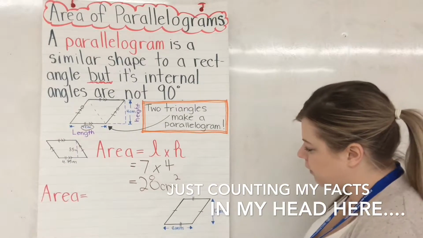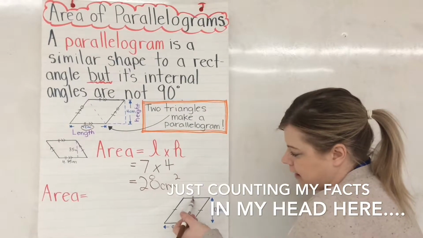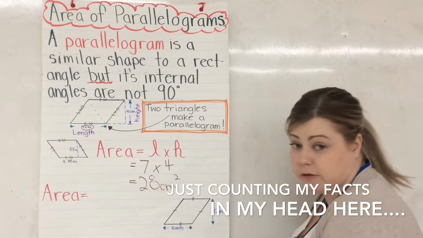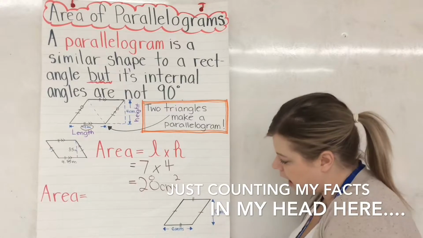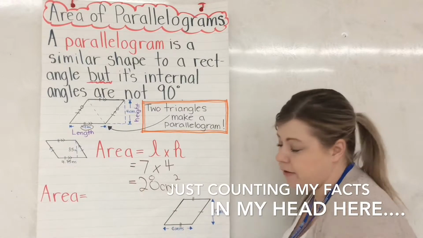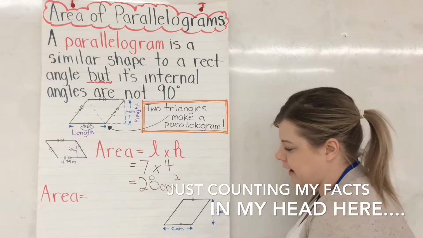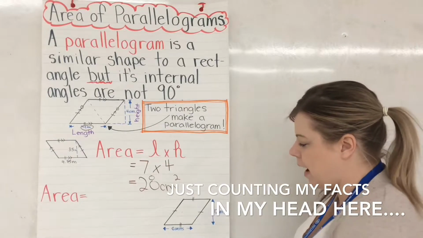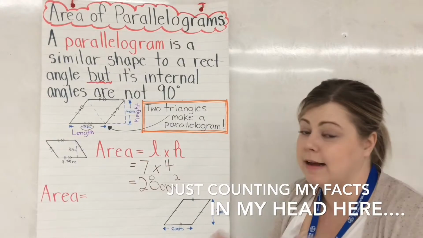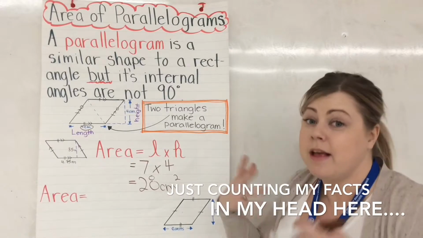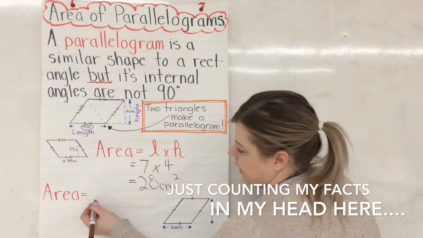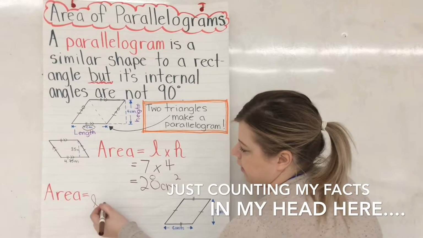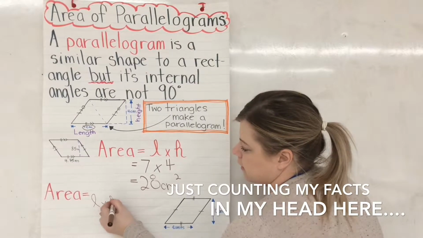All right, let's look at this one. So we see this one, it's got a double line on this side and a double line on this side. So I know that this side is equal to the length on the bottom is equal to the length on the top. And this line are the same. So I know that the height on this side is equal to the height on that side. So I know that it's 8 units by 12 units. It doesn't say centimeters. It doesn't say millimeters. Sometimes we just measure things in units. So I know that my area, the formula is length times height.